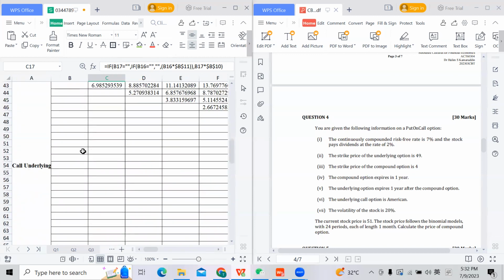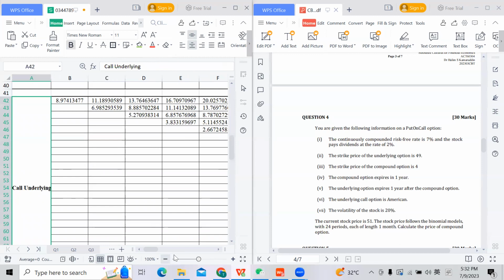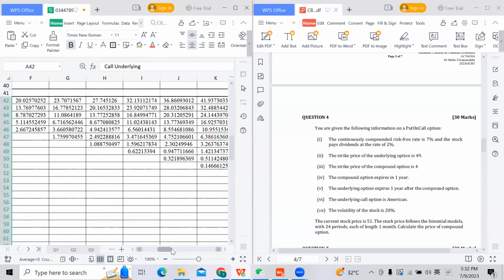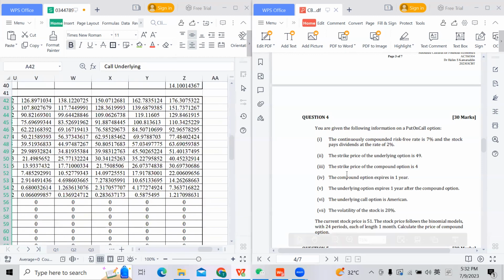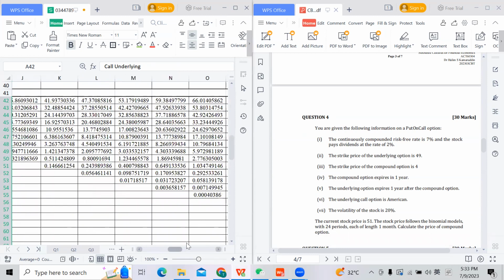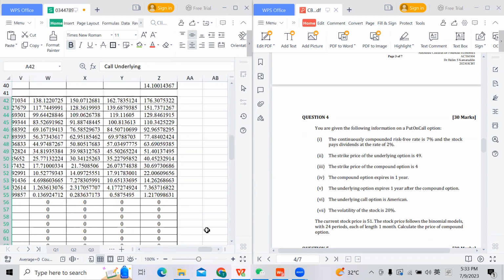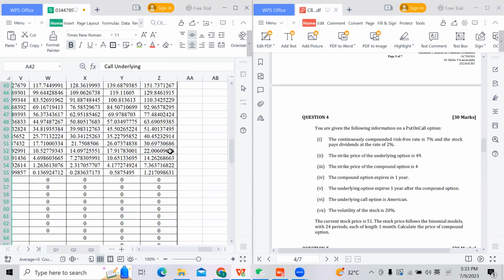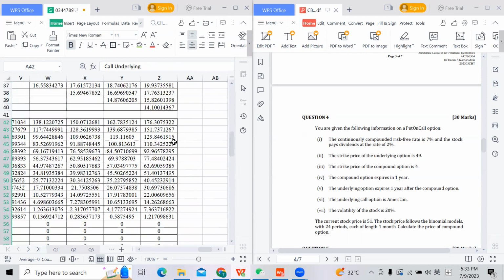Alright, after that we need to find the underlying call. Since the underlying call expires 1 year after the compound option, the call is in our hands for 2 years, so we need 24 periods. When finding the call, we start at the last period.